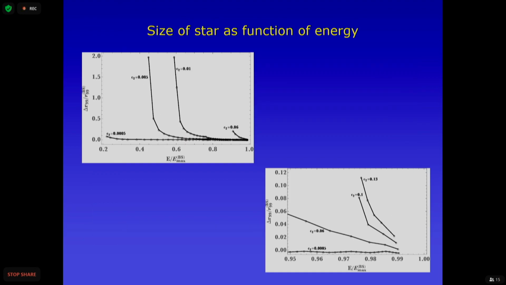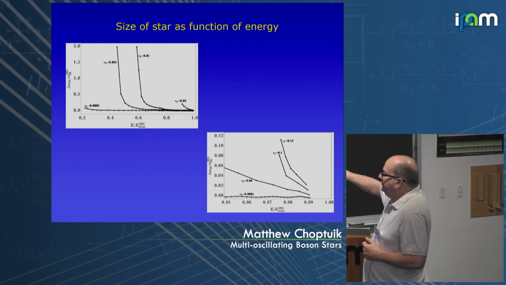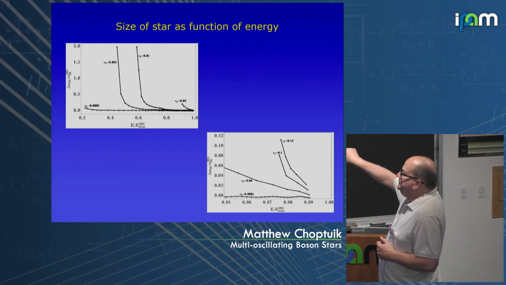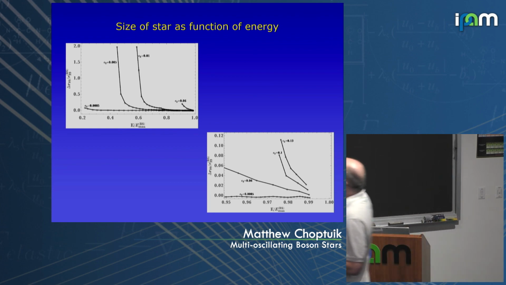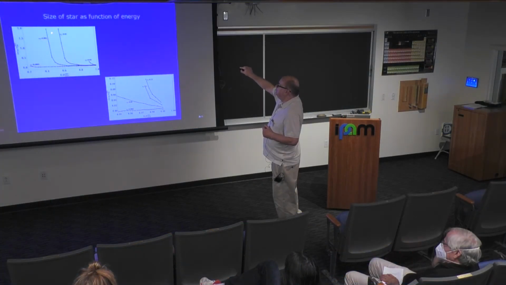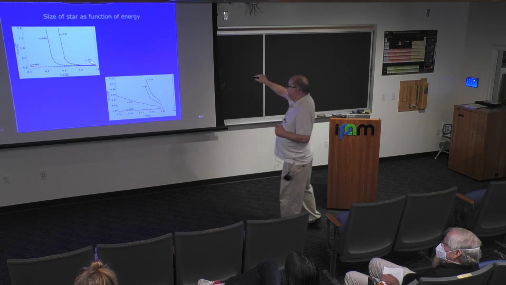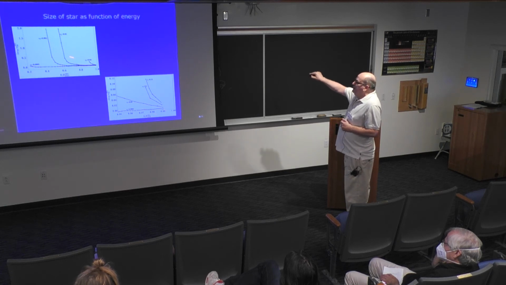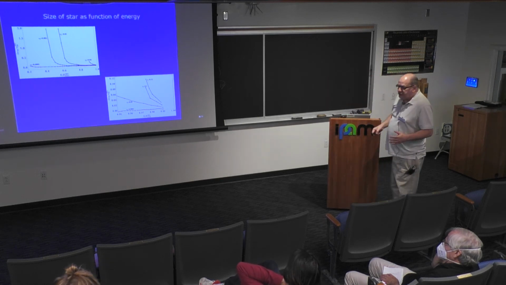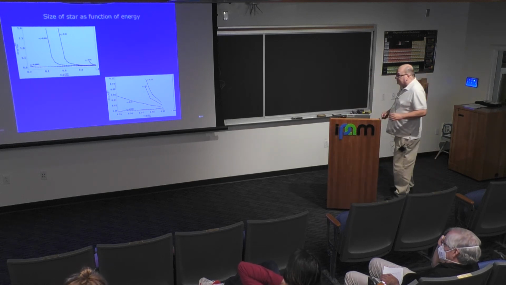And one of the interesting things that comes out of this is if you look at the size of the star as a function of energy, plotted here for epsilon equal to 0.06, I can't even read that, 0.1, 0.005, and 0.0005, and blown up down here, closer to E equal to 1, some of the configurations for a given energy are twice as large as the corresponding boson star.